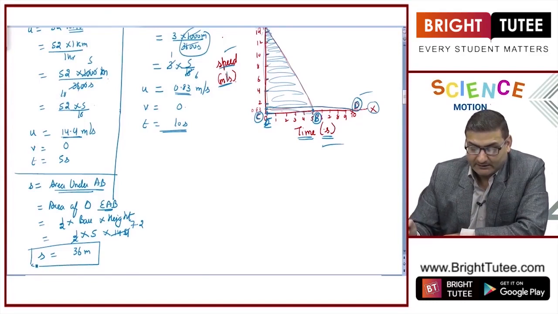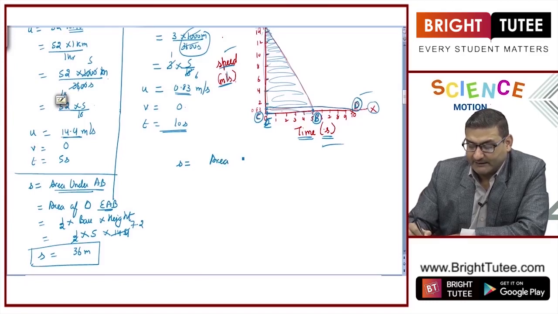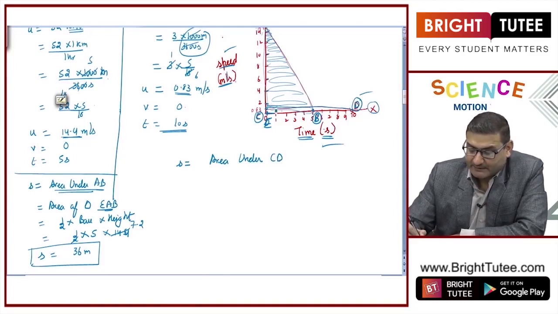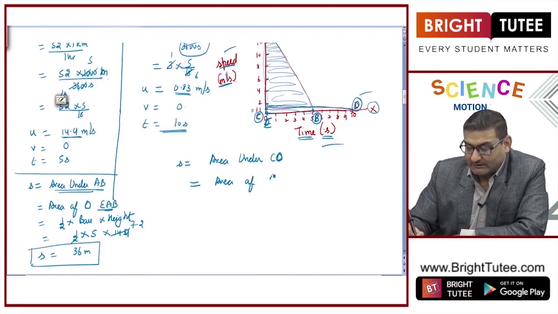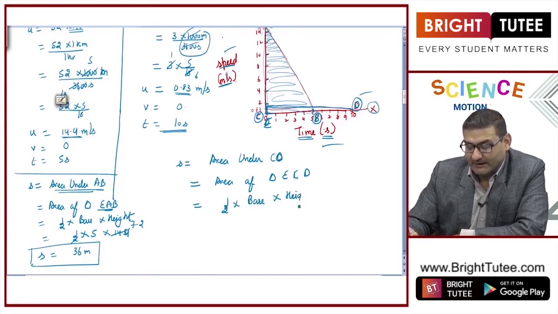Talking about car B, if I want to calculate the distance travelled by car B, it will be calculated by the area under the line CD. This is C, this is D, and the area is equal to the area of triangle ECD. E, C and D. Once again, the area of a triangle is calculated by the formula half into base into height.